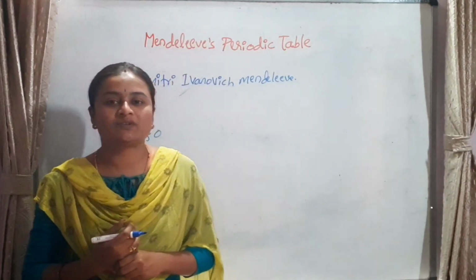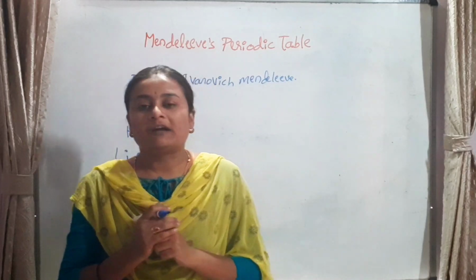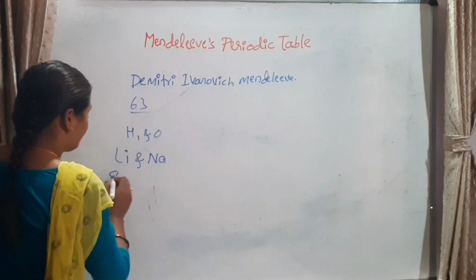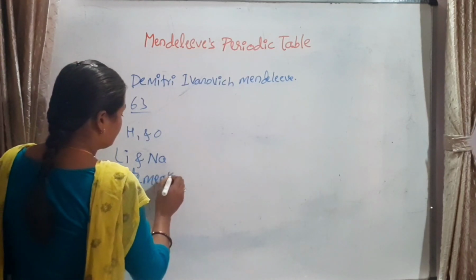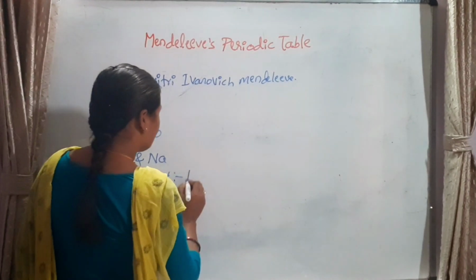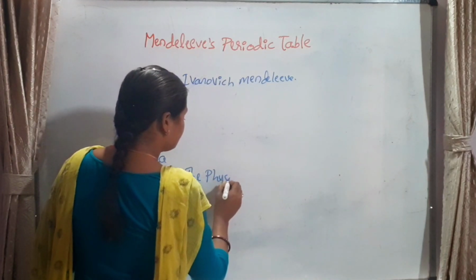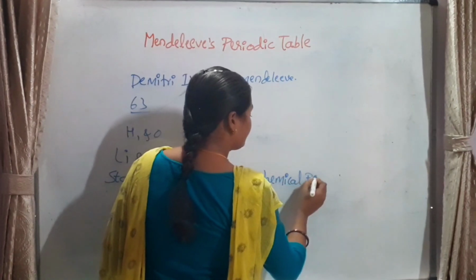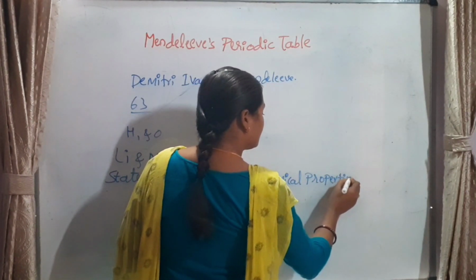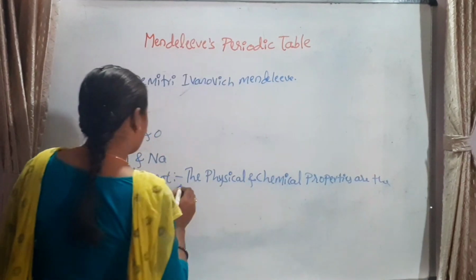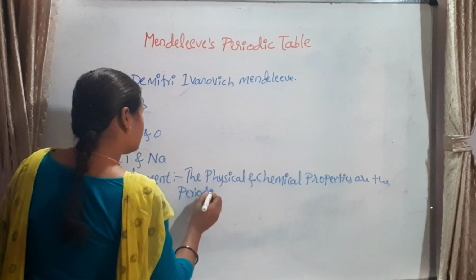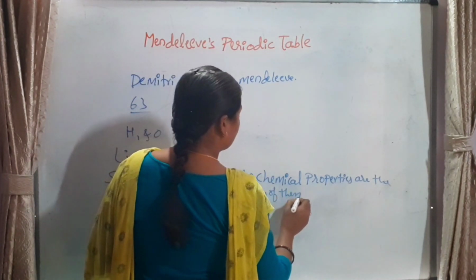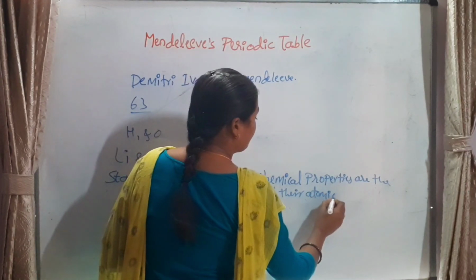Then he stated his law, that is, the physical and chemical properties are the periodic functions of their atomic masses. That statement states that the physical and chemical properties are the periodic functions of their atomic masses.